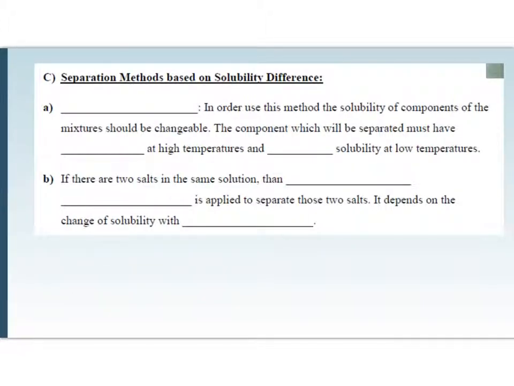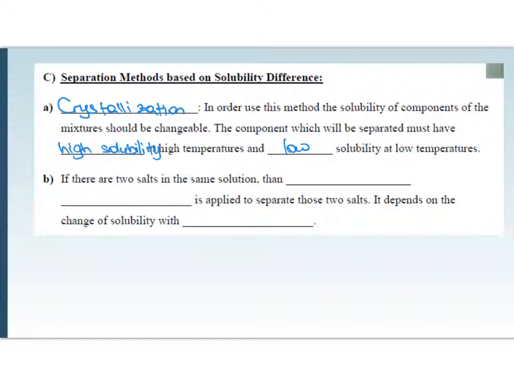Separation methods based on solubility difference. First, crystallization. In order to use this method, the solubility of the components of the mixture should be changeable. The component which will be separated must have high solubility at high temperatures and low solubility at low temperatures.